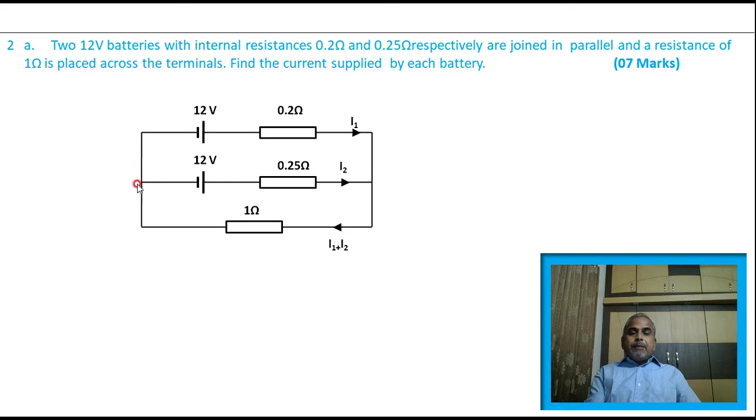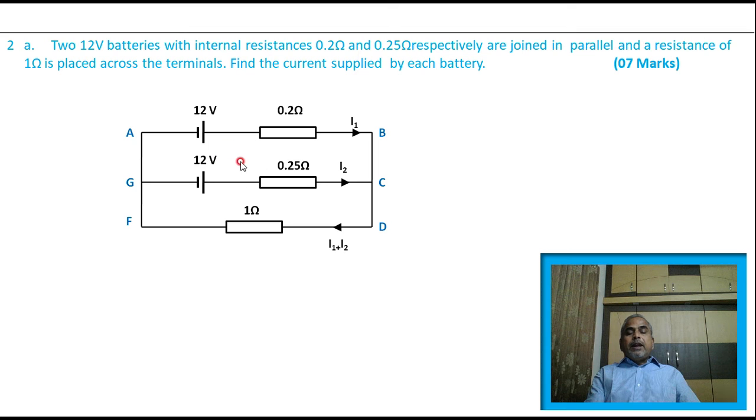The next step is to mark the nodes or junctions. First I will mark A, then B, C, D, then F and G. These are the nodes I have written.